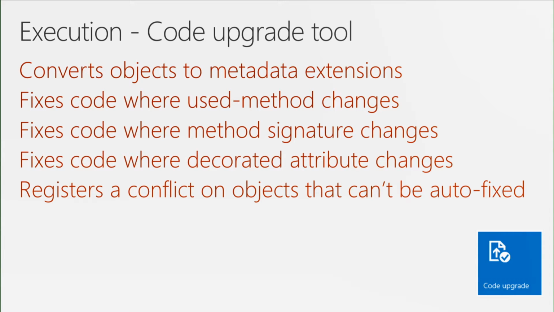So converting objects to metadata extensions. I talked a bit about extensions, but it was really in the context of code. You know, I was talking about overlayering and adding a delegate. Actually, metadata extensions, for those not that familiar, just means changes you would make to an object itself. Not necessarily lines of code, but one of our objects. So let's say you want to add a field to a table.